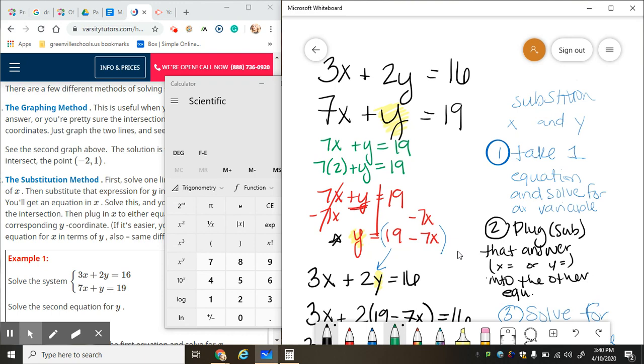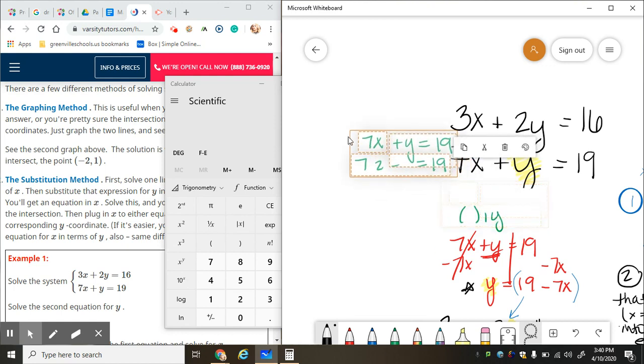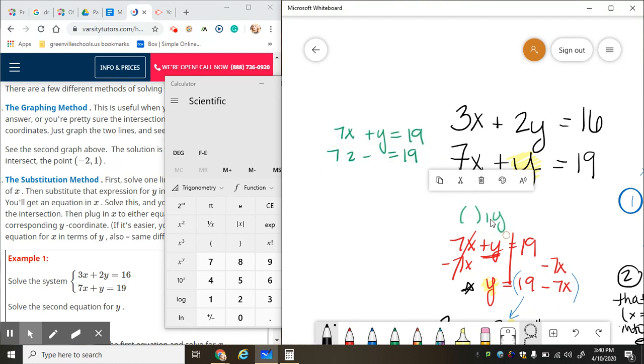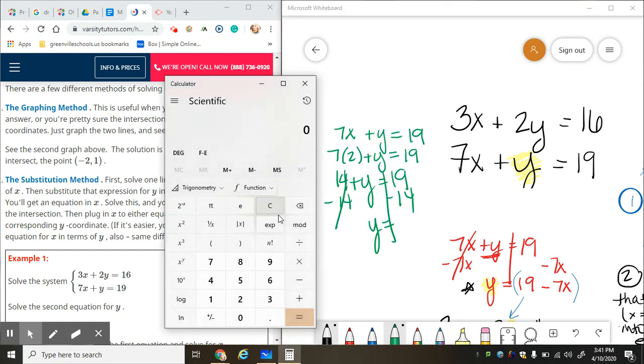So 7 times 2 is 14 plus y equals 19. And then we can solve by subtraction. So 19 minus 14, you get 5.